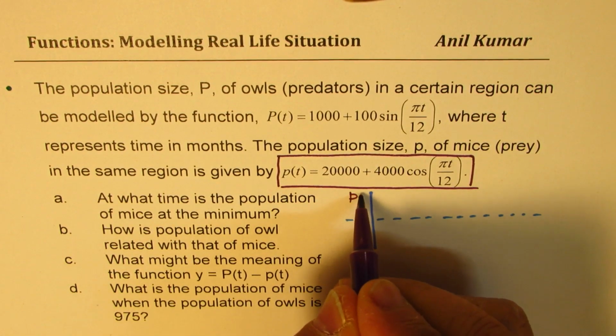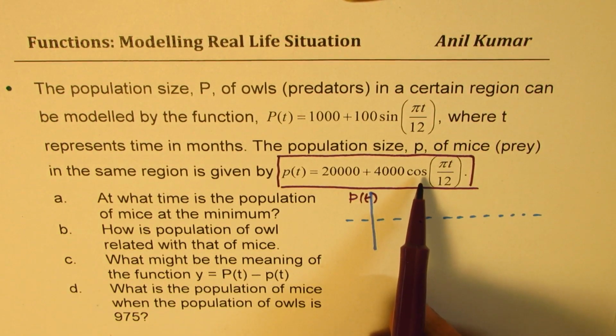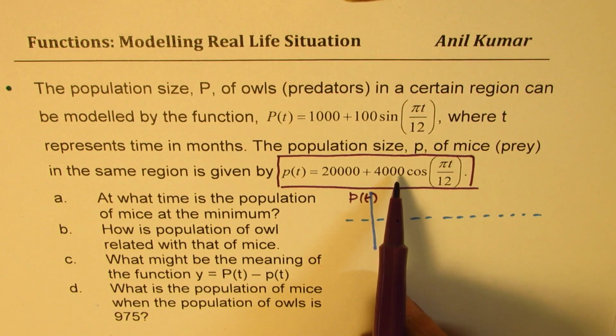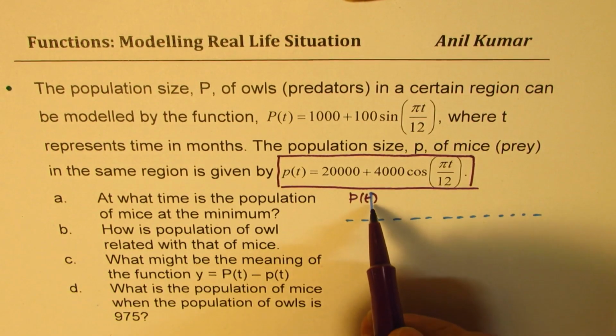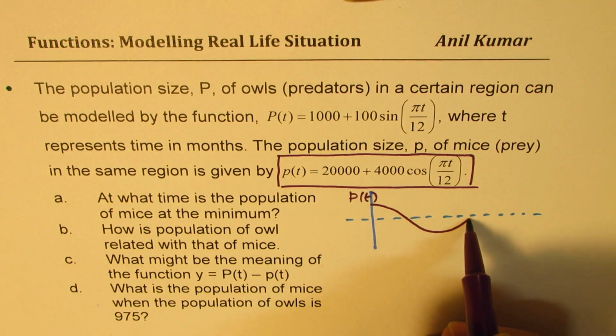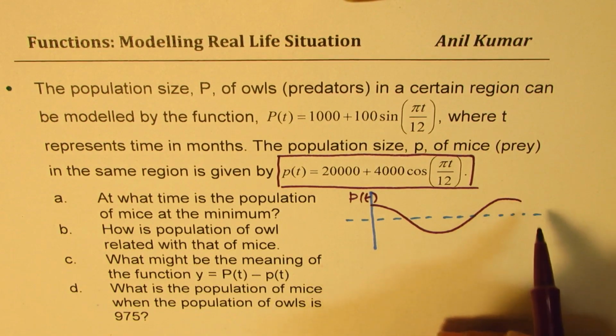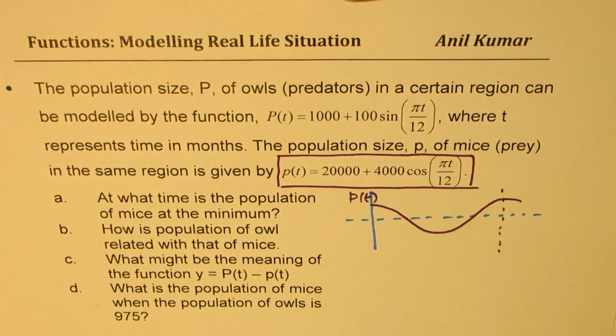So p of t, so lowercase p with time. It is a cosine function which starts with the maximum, correct? The axis is 20,000. So what I can do here is kind of draw something like this. Right, so this is one cycle. Perfect.